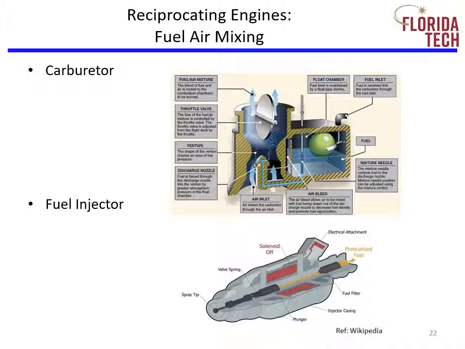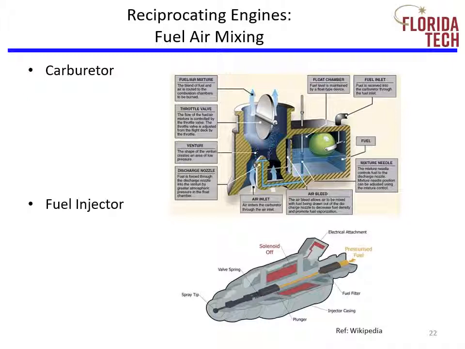The job of the carburetor is to mix fuel with air that gets sent to the cylinder combustion chambers. Fuel arrives at the carburetor and sits in the float chamber waiting to be used. To the side of the float chamber is the venturi, which is where the air passes through. As the air passes through the venturi, its velocity increases, which causes the pressure to decrease.